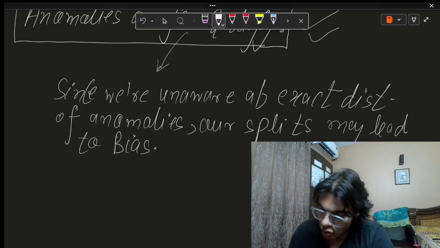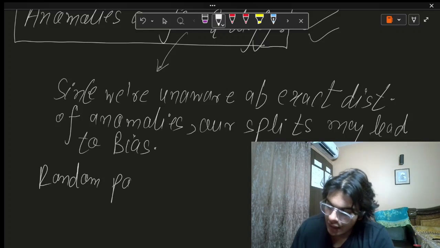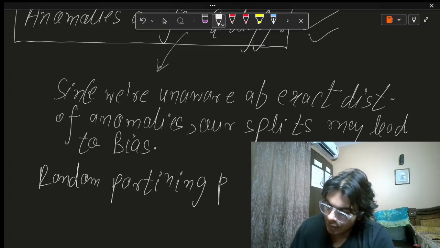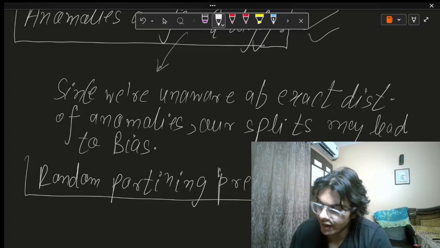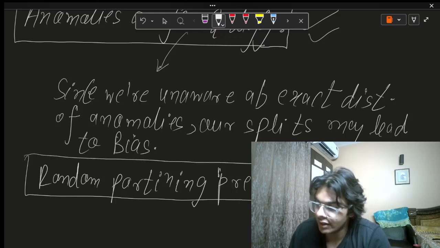Okay, now this is solved by what we have been doing till now, random partitioning. Why? Because random partitioning is random, so it guarantees that there is no bias. Random partitioning prevents bias. This is the second reason why random partitioning is very powerful here.